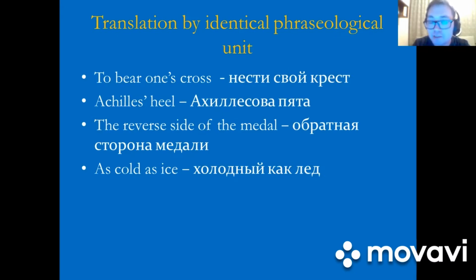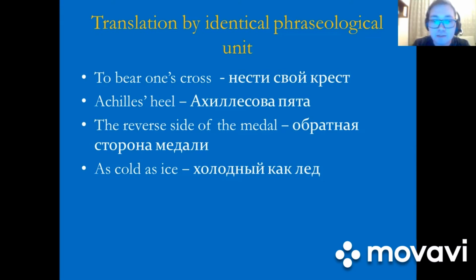And in Russian, we have the same phraseological unit, which has the same imagery, the same coloring, the same meaning: Нести свой крест. Next one is Achilles' heel, and in Russian we have an identical phraseological unit: Ахиллесова пята.